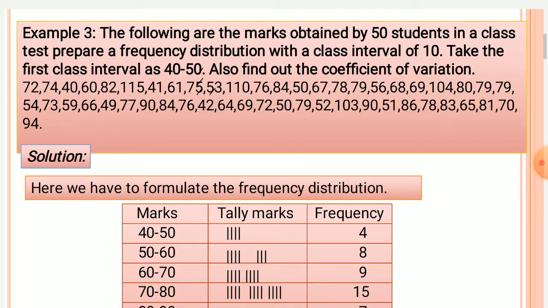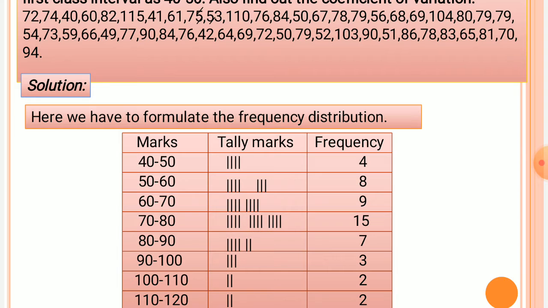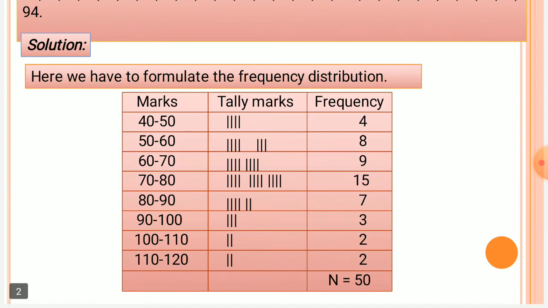Now let us convert the data into a grouped frequency distribution with the help of tally marks or a tally sheet, to compute the value of the arithmetic mean as well as the standard deviation, and finally the coefficient of variation.